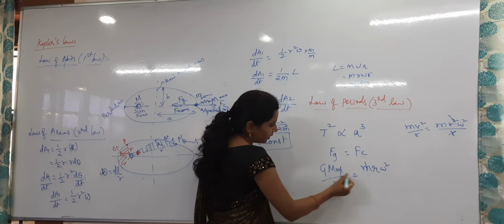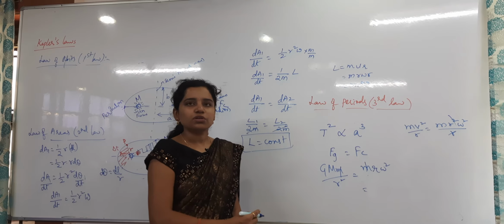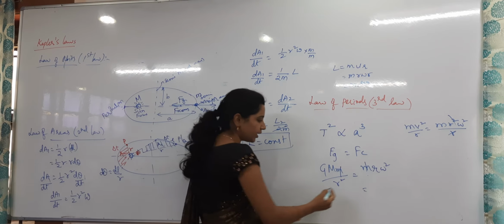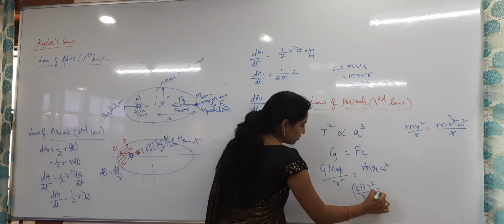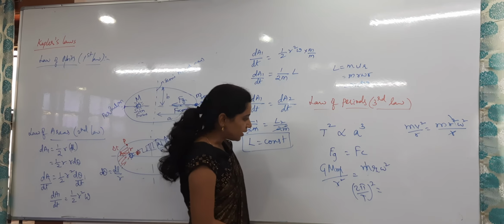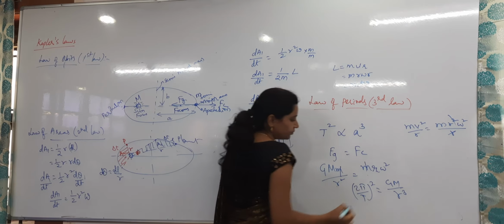Then what can we get here? Omega is equal to 2 pi by T, what is the omega formula? 2 pi by T only. So omega, that is 2 pi by T whole square, is equal to GM divided by R cube.